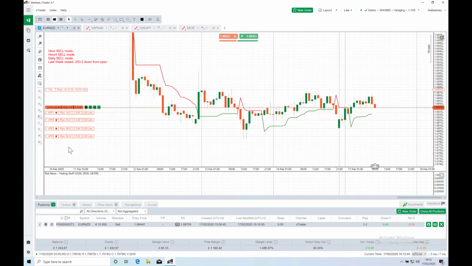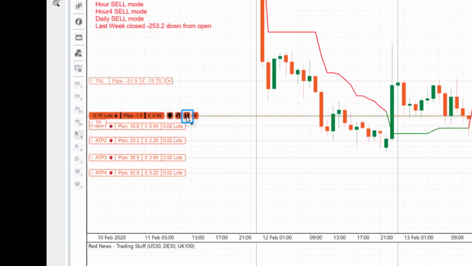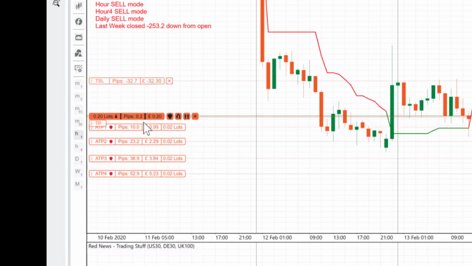I'm assuming by that you mean that when you're up 10, can you increase the lot size that you're trading at. Not with the advanced protection you can't, but what you do have, you have this little button here that you can click on that will double your stake size. So if I click that, I'm now trading at 0.2 lots rather than 0.1.